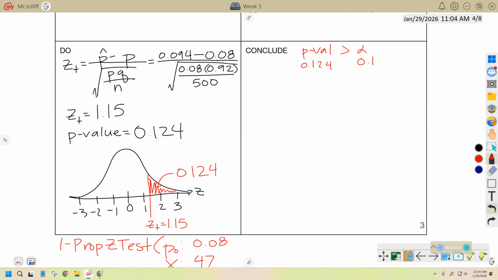The question is, how do I explain that idea to the AP readers? The answer is we have 2 sentence frames. The first one addresses the null.